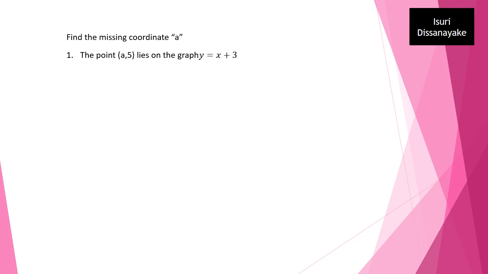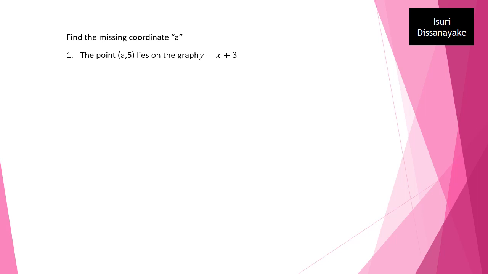The question says the given point is already lying on the graph. So we are going to find, when the y coordinate is 5, when the output is 5, what's the relevant x coordinate, which is the input coordinate.